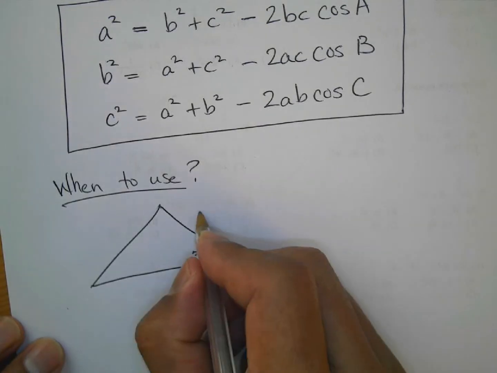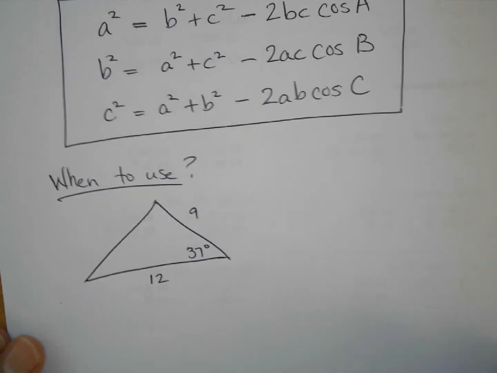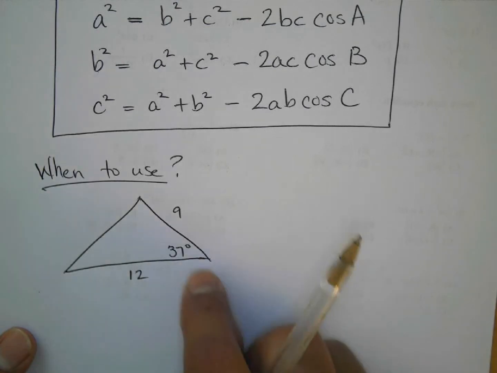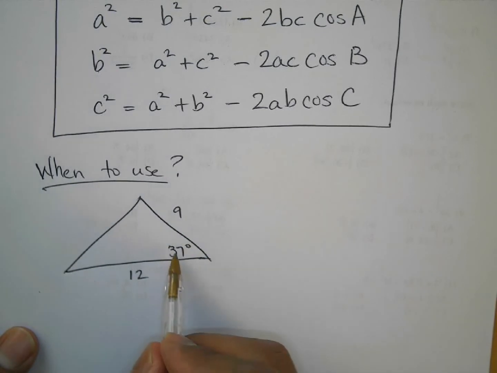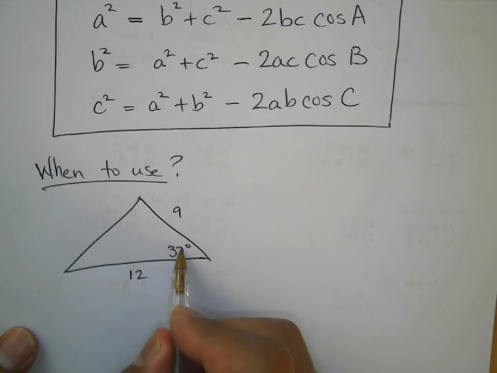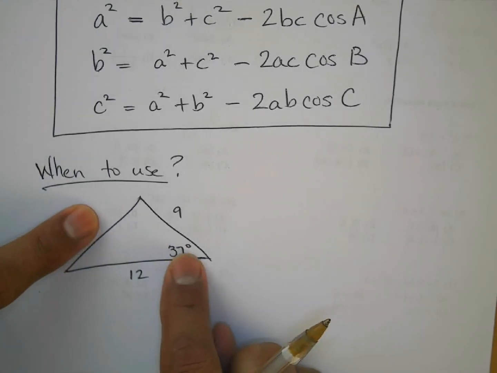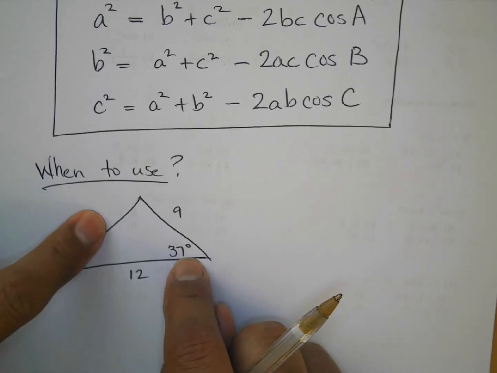And then they'll give you a side here like 9 and then like 12. This is how you know when you have to use law of cosines. Because remember, law of sines is easier. And when do you know that you use law of sines? When you have one angle and the corresponding side. See, I don't have that. You're going to have an angle, but you're not going to have its corresponding side.